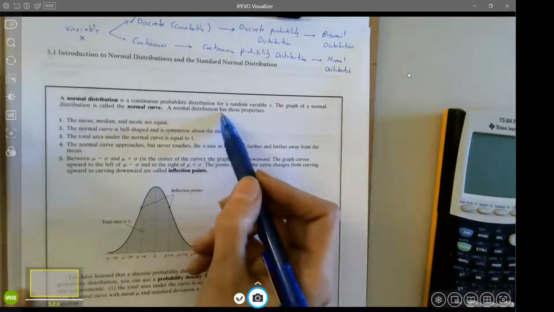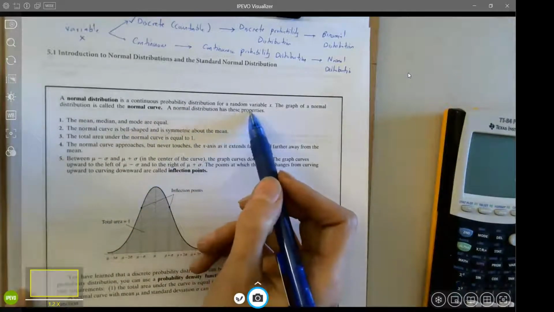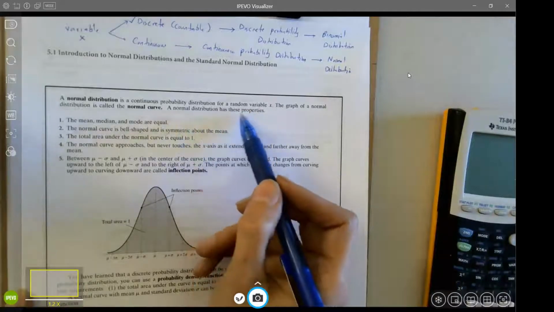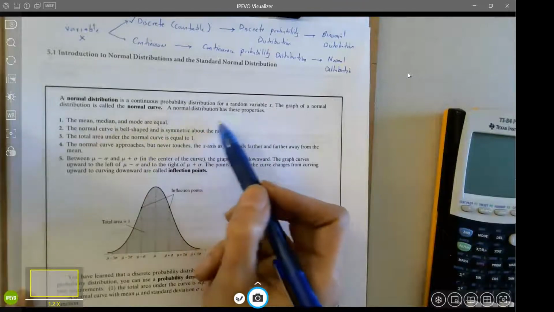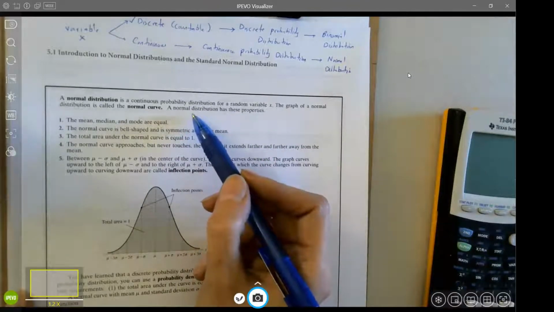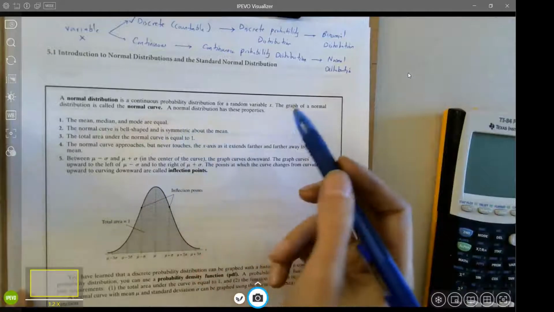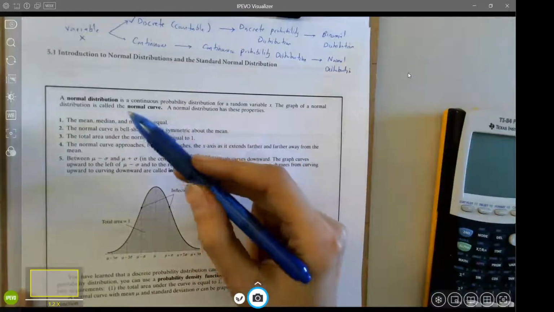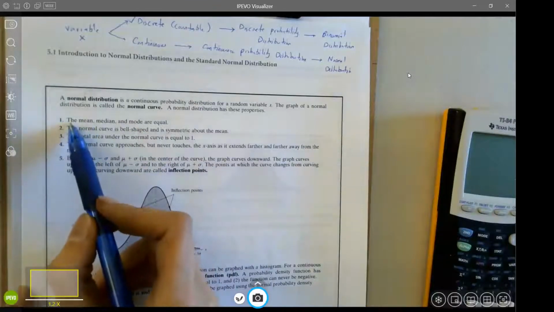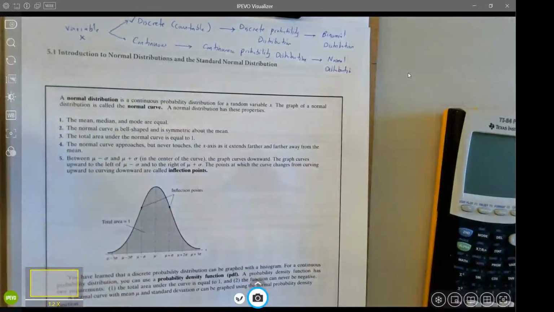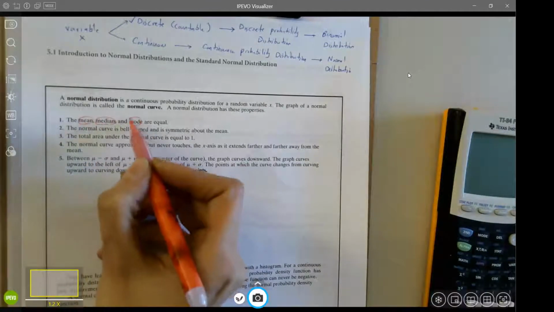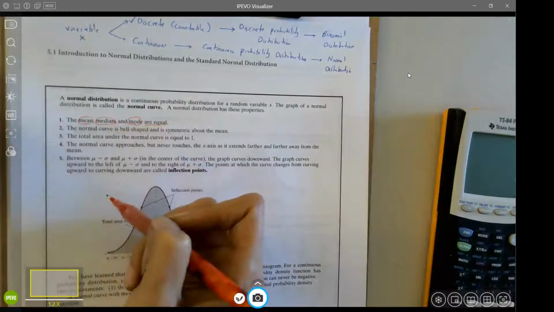A normal distribution has the following properties. So remember that we have a collection of data. Those data are continuous variables. The collection of data has the following properties. First of all, the mean, median, and mode are all equal to each other.